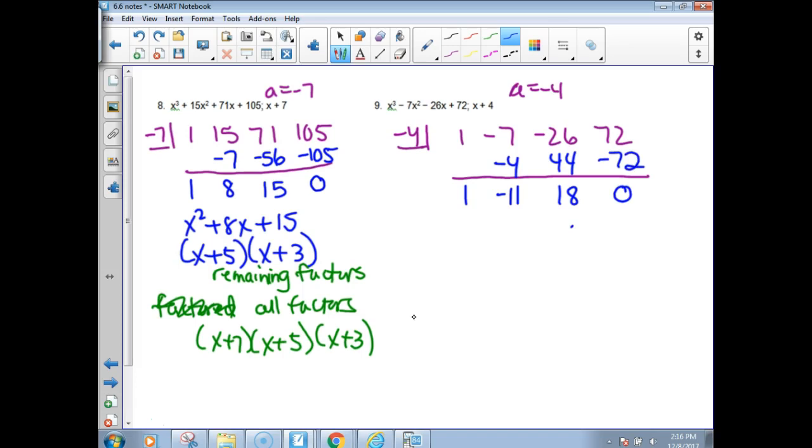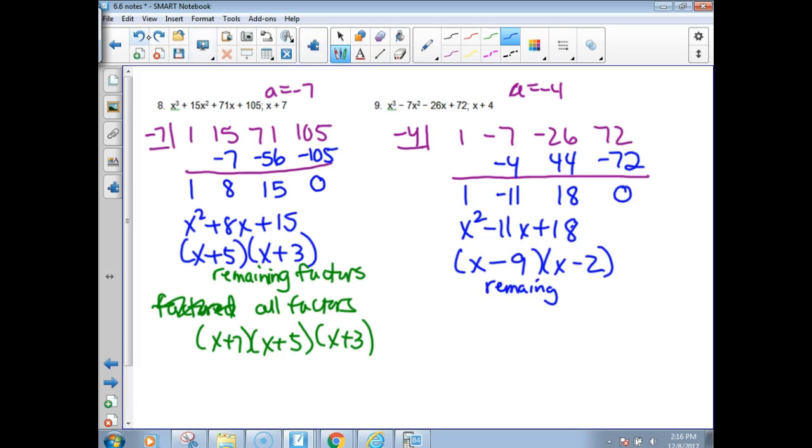We get 0 for our remainder, which means x plus 4 is a factor of the polynomial, but they already told us it was. We got x squared minus 11x plus 18. We can factor that to x minus 9, x minus 2. Those are the remaining two factors.